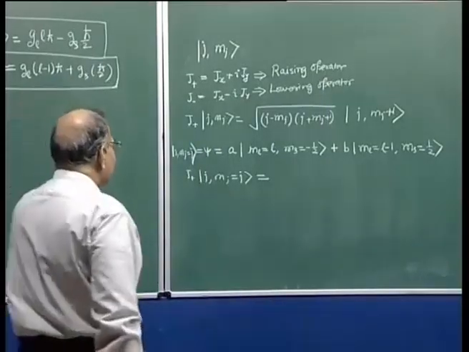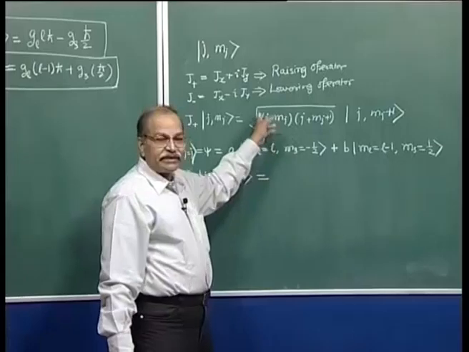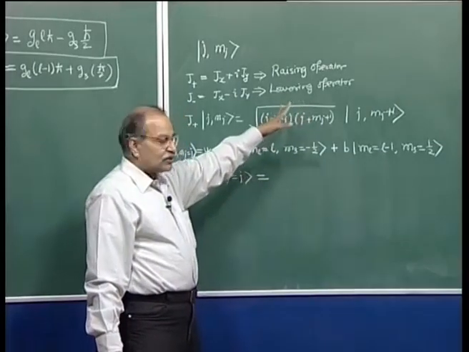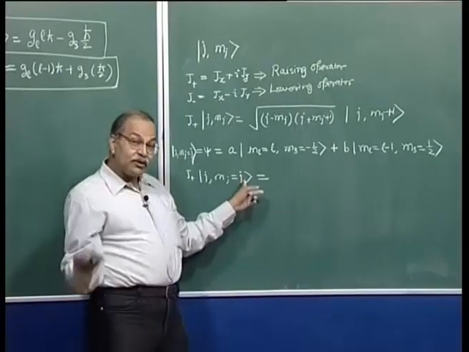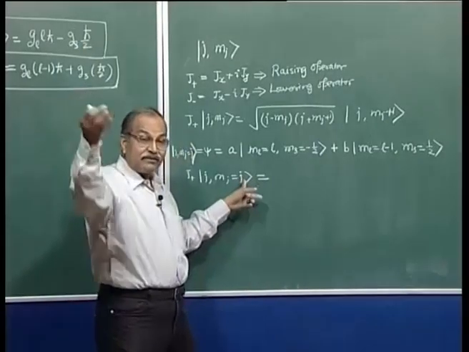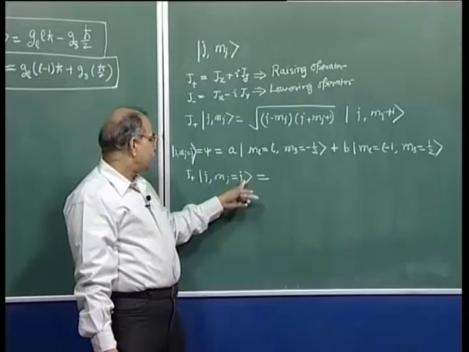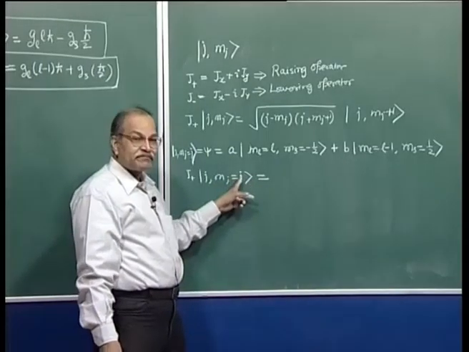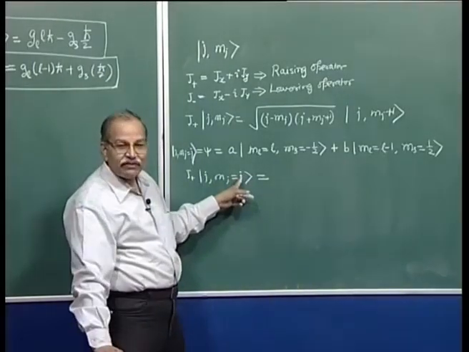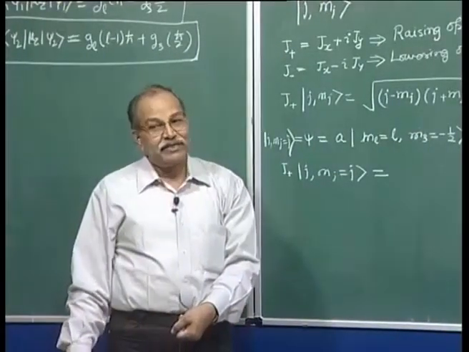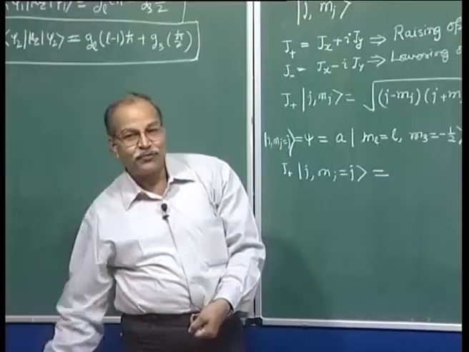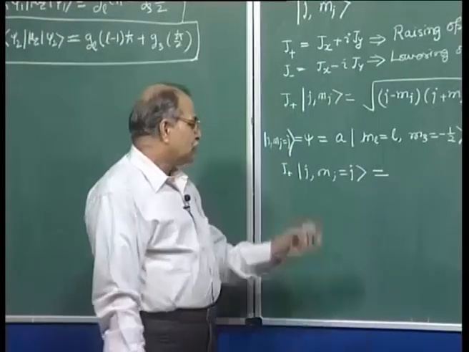And that comes from here also, when mj equal to j you put it, it is 0. So if mj is already at its highest value and you try to raise it further, you get 0. Similarly, if mj is equal to minus j, already at the lowest value, and you apply J minus on it, you will get 0, mj cannot go further down. So this is 0.